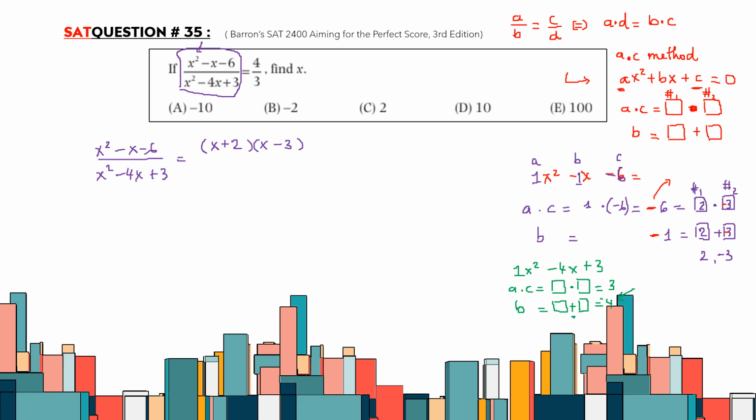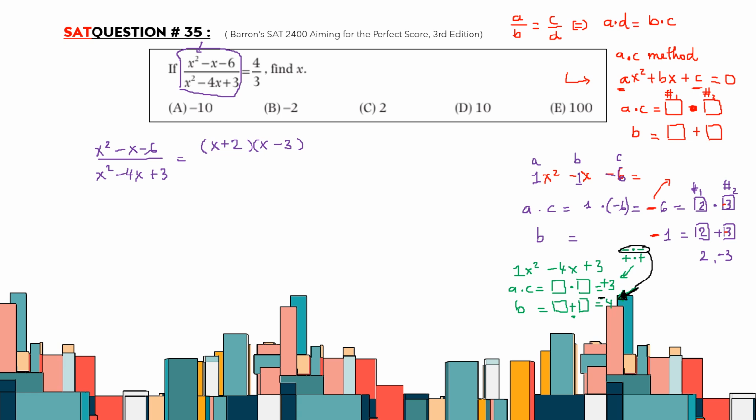When you're adding, they should be on the same side. Since the product is positive 3, either both positive or both negative, but the sum is negative, so you sum up two negative numbers. It means this choice is the correct one.